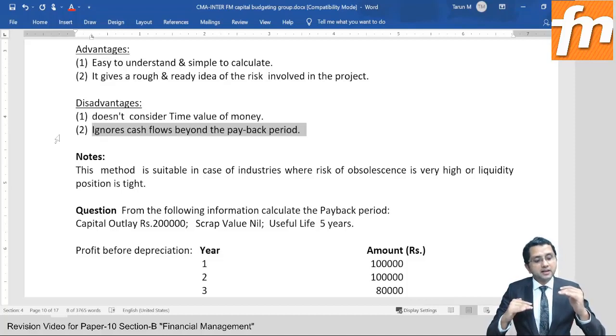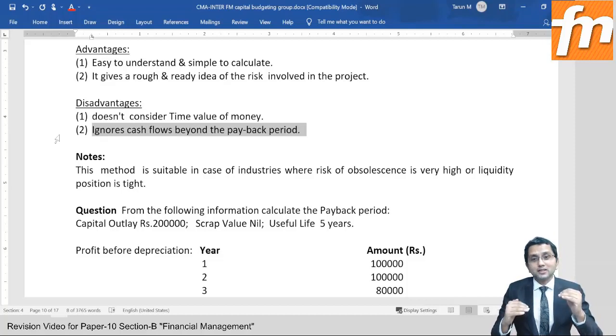You will reject this 3.5 year payback period proposal and you will select this 3-year payback period proposal. But suppose in this proposal, after 3 years, the cash flows are zero. That is, the life of the project comes to an end. While in this 3.5 year payback period proposal, in 4th year, 5th year, 6th year, 7th year, 8th year, 9th year, 10th year, there are huge inflows.